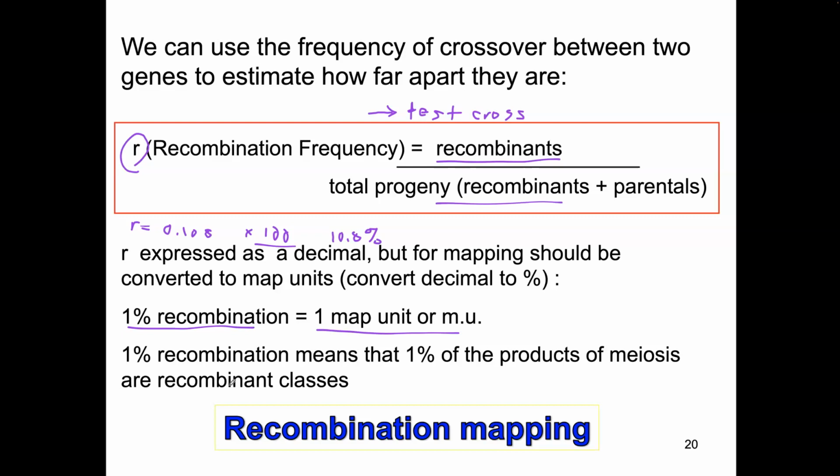And that's helpful information if you're trying to figure out what gene is responsible for a condition and you know approximately where it is on a chromosome relative to a gene whose position you know, right? If it's 2 map units from that gene that you already know where it's located, you're looking a couple hundred thousand nucleotides away from that to find the gene that is responsible for your condition. And this is referred to as recombination mapping.